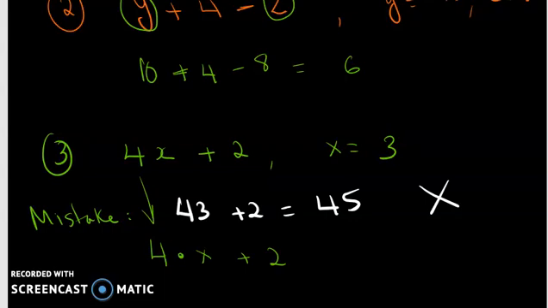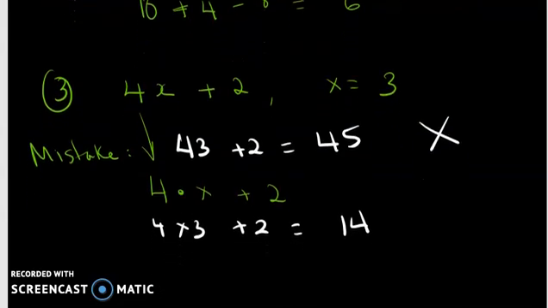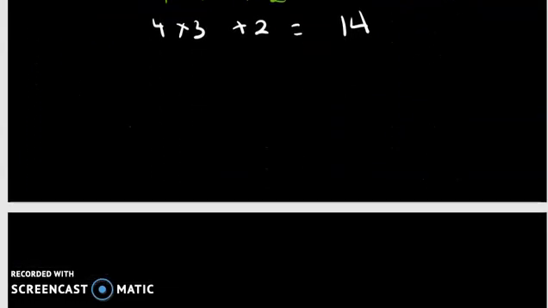So we use a dot. So 4 dot x, that is 4 times x. So right here it will be 4 times 3 plus 2, and 4 times 3 is 12. 12 plus 2 is equal to 14. So let's be careful. Let's avoid that mistake in evaluating the algebraic expression.